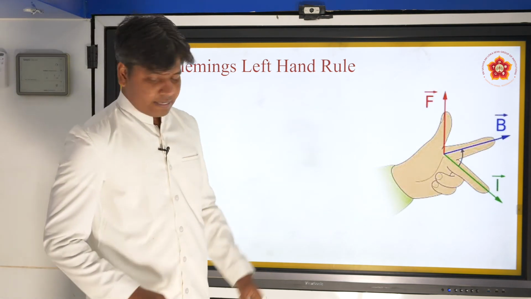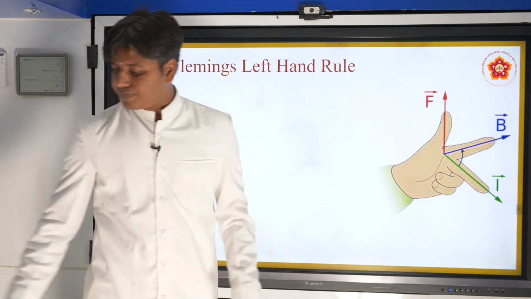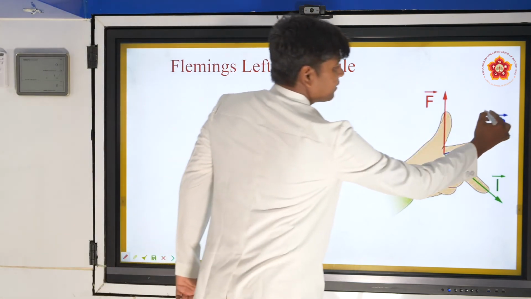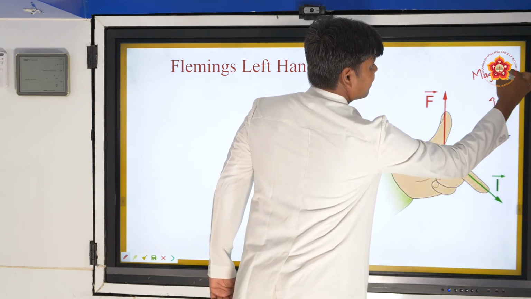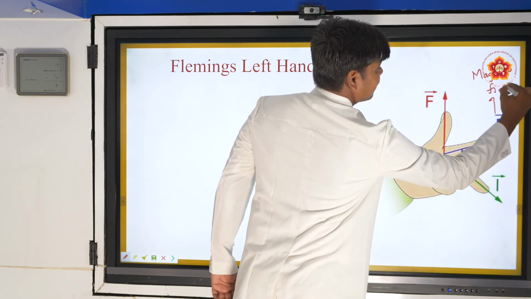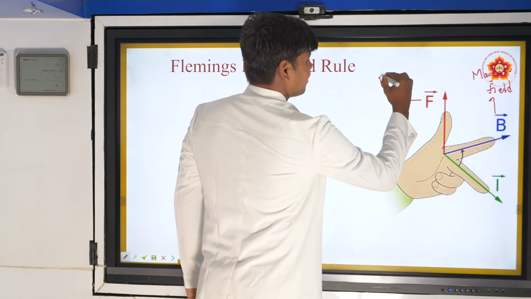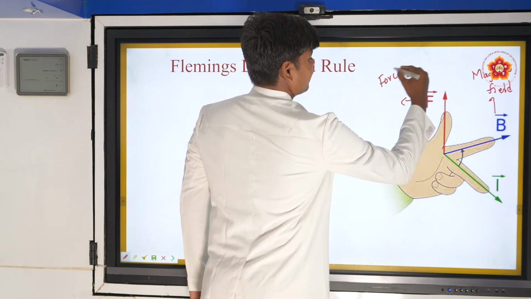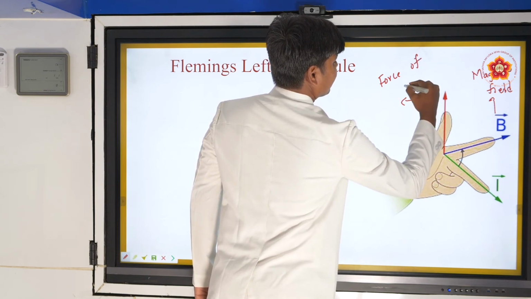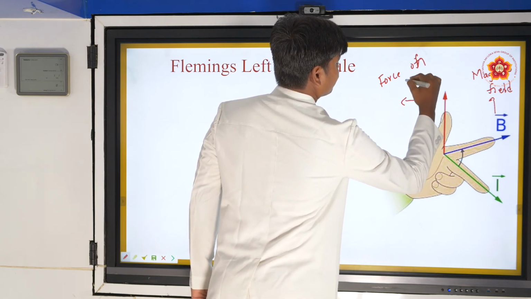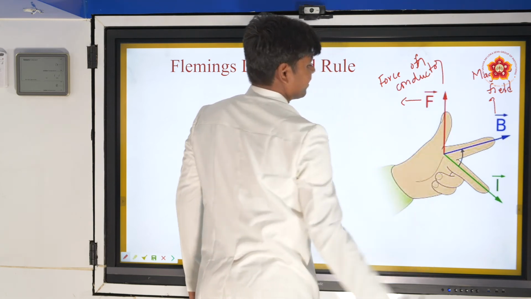See, he is saying this B gives you the magnetic field direction, and this is the direction of force on the conductor.